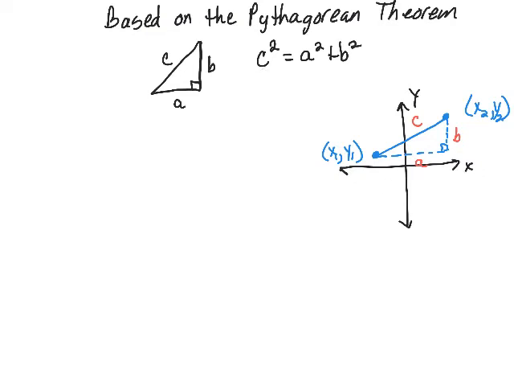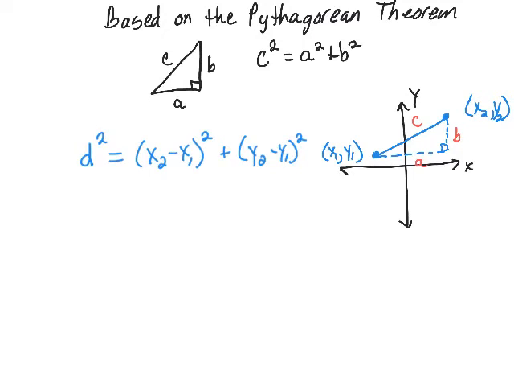So instead of C, I'm finding the distance, so I'm going to label that D. I'm using the Pythagorean theorem, but I'm putting in my own labels that I like better. So D squared, the distance, is equal to, instead of A squared, the difference between the two x values, x2 minus x1 squared, and the same thing between the two y values, y2 minus y1 squared.